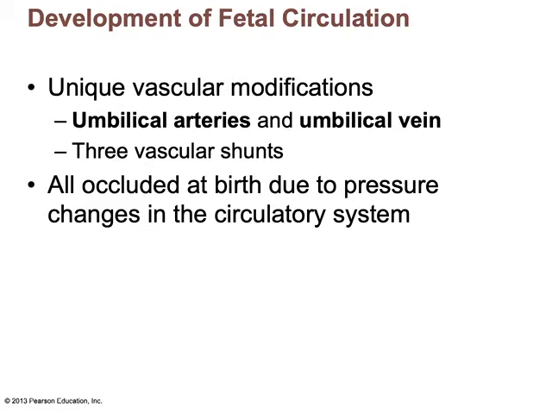All get blocked at birth and form ligaments, and that restores the normal circulatory pattern in the adult so that oxygenated blood is dealt with by the left side of the heart and deoxygenated by the right side.